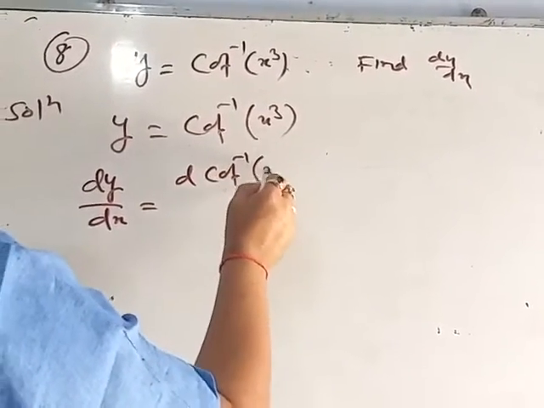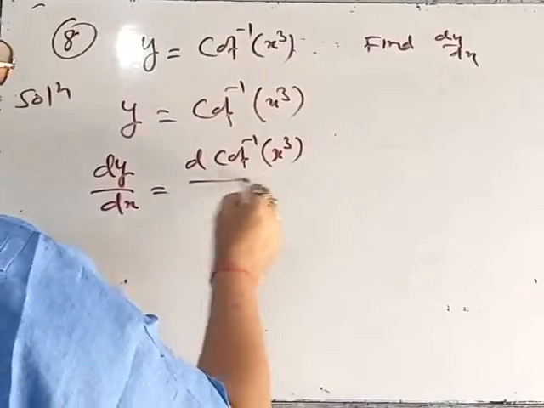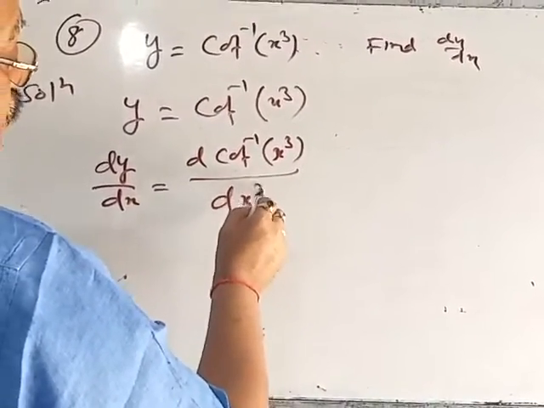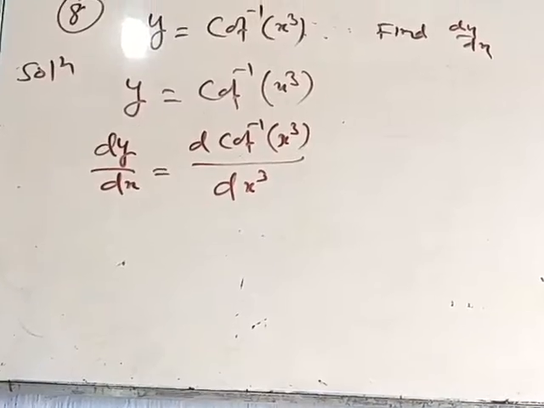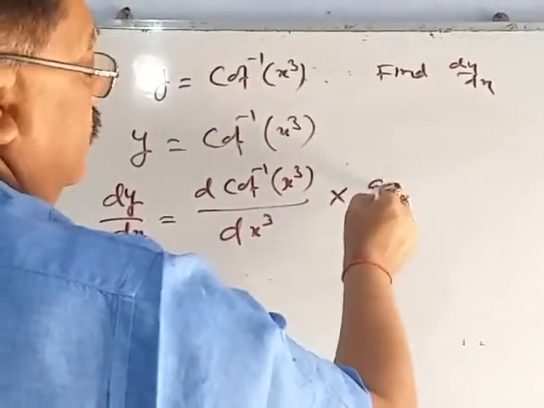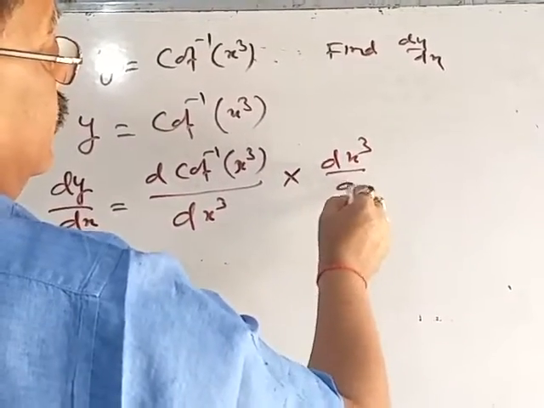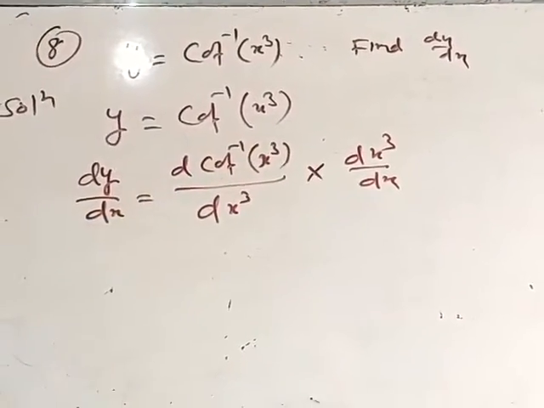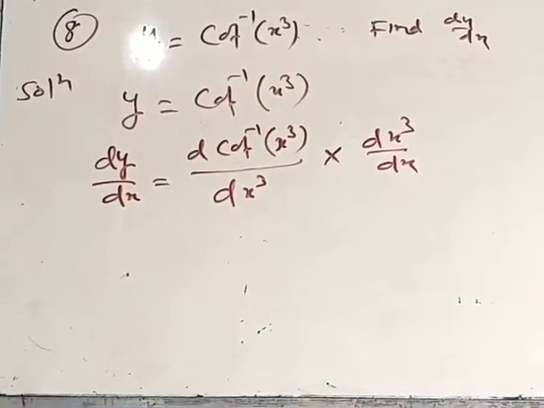So dy by dx is d cot inverse x cube with respect to x cube, because it depends upon x cube, so we differentiate this with respect to x cube, and then d x cube by dx. Write in this manner in the first step, students.